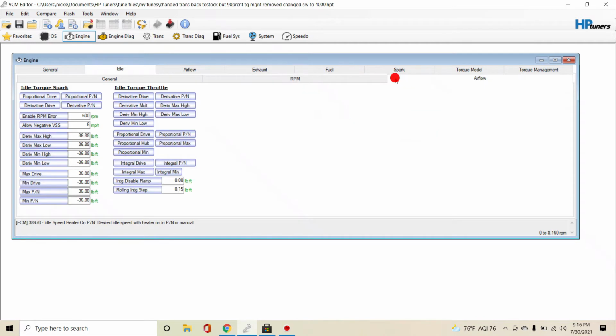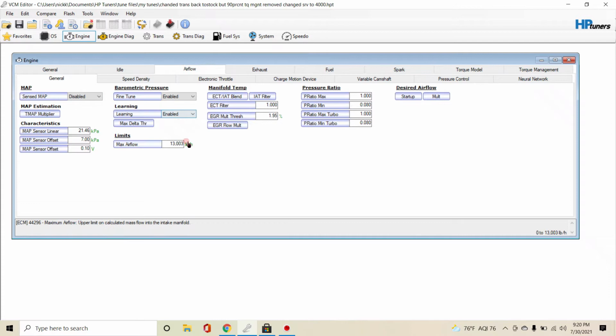And then we got our airflow. You've got your proportional for drive and park, your derivative for park and drive, and your integral for park and drive. Then we have our airflow tables.